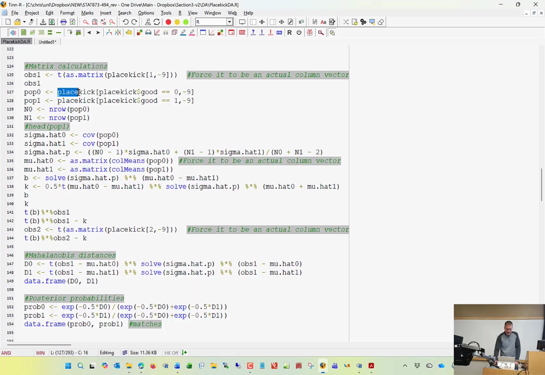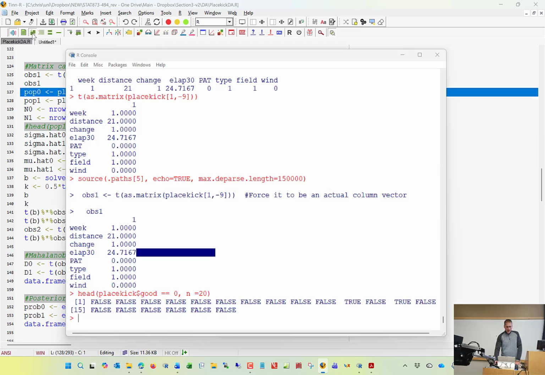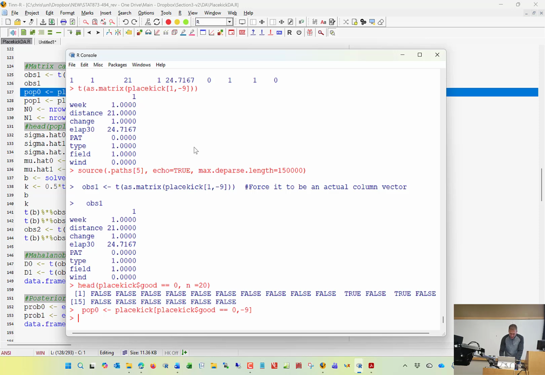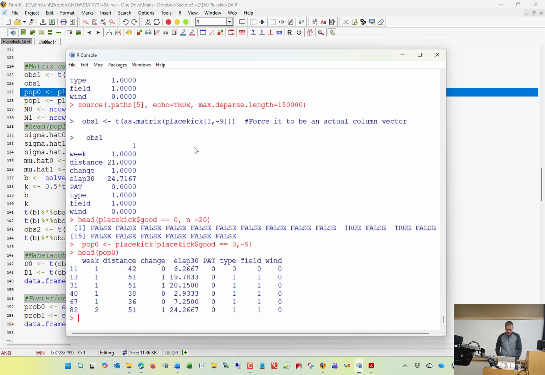And so then, when I combine that with the row index for place kick, what's going to happen is that R is going to say, okay, I have some trues and falses here for the rows. I'm only going to return the rows that have a true. So do that. I put the results into pop0, for lack of a better name, meaning it's the sample that came from population 0. And if I do a head on that, we can see that indeed we have goods.